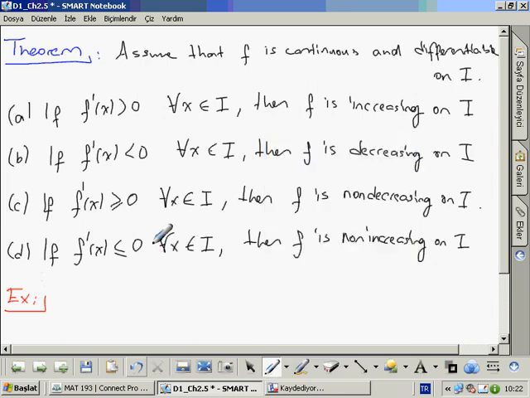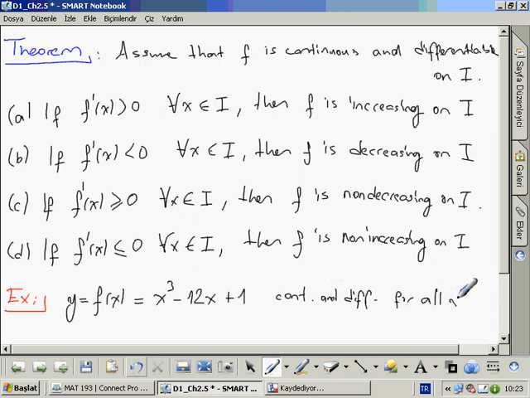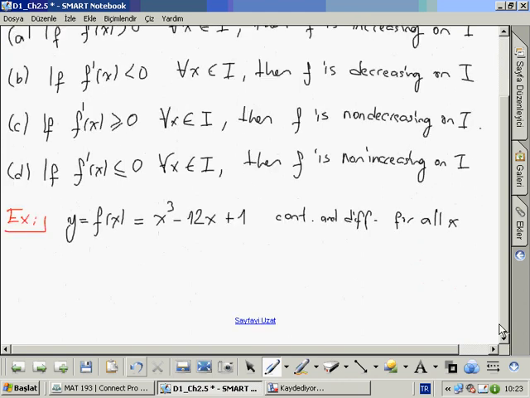Example, y equals f of x equals x cubed minus 12x plus 1. That function is continuous and differentiable for all x in the real plane, because it's a polynomial function.